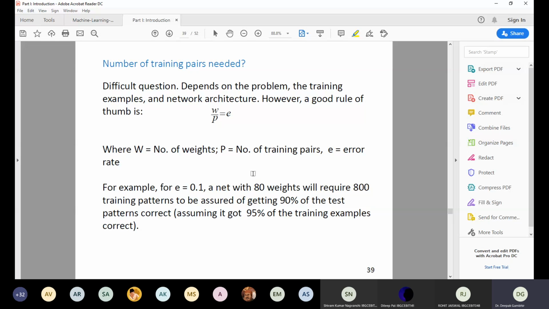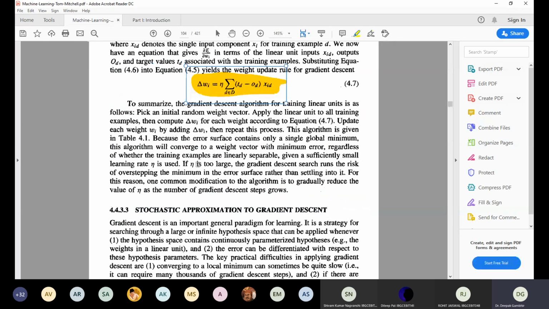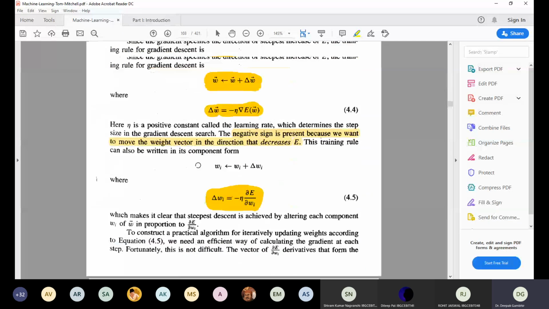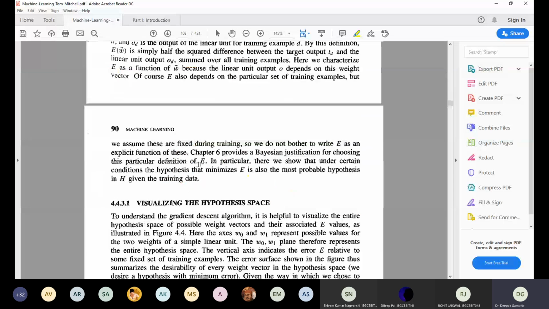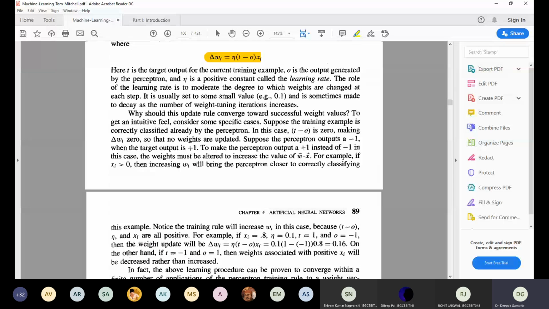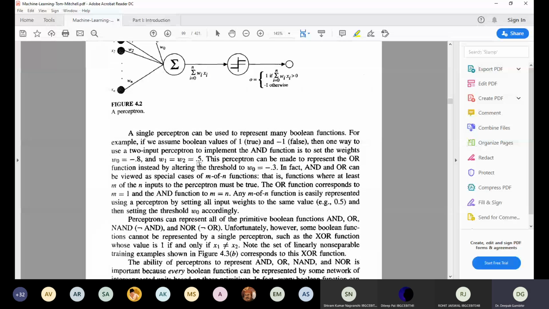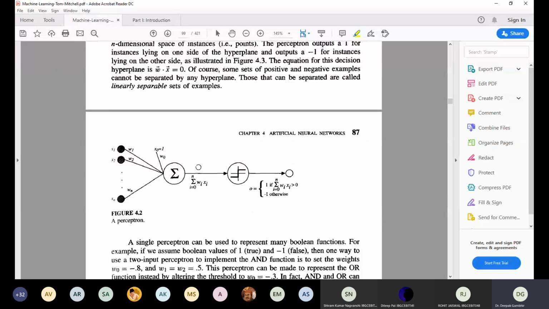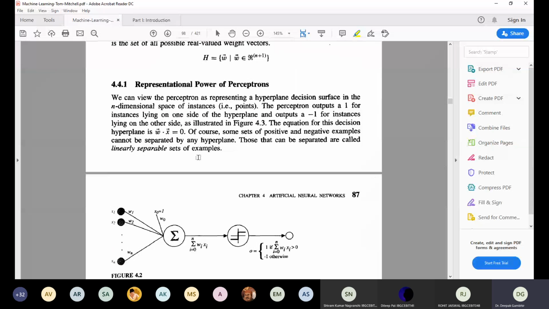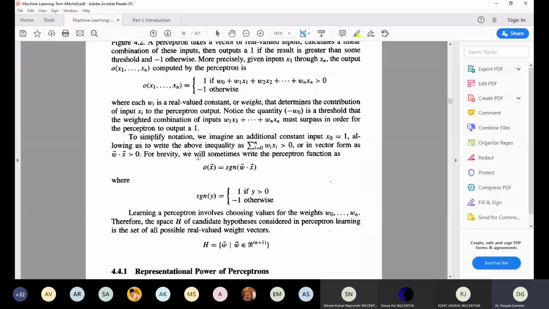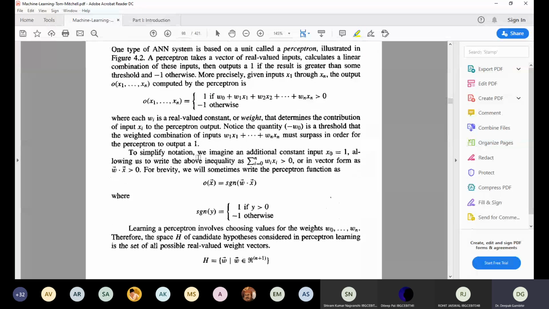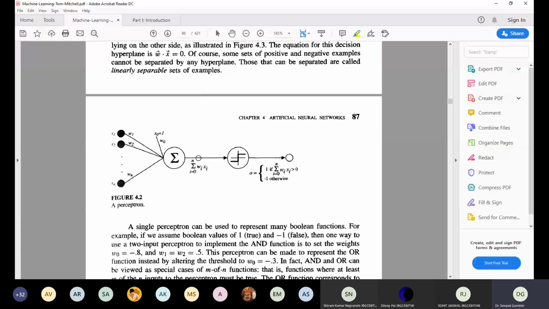One thing here I have to show is a few examples with the perceptron rule, which is not shown in the PPT. Yes. So in this case, you can see that the perceptron is used to implement an AND function.